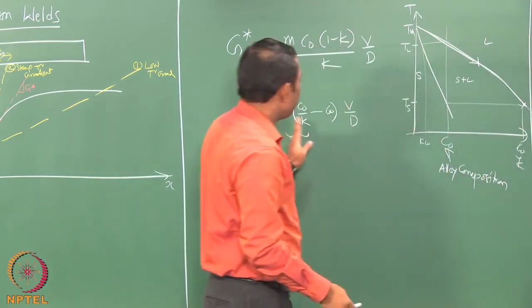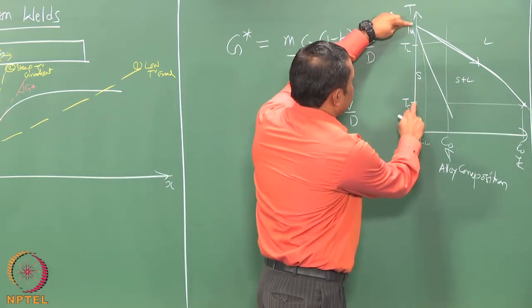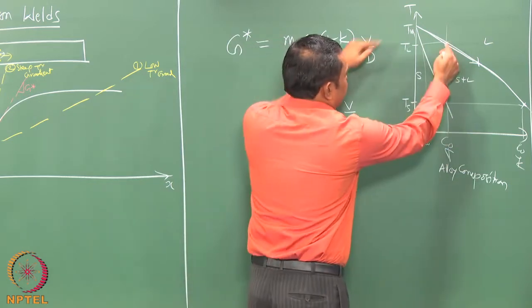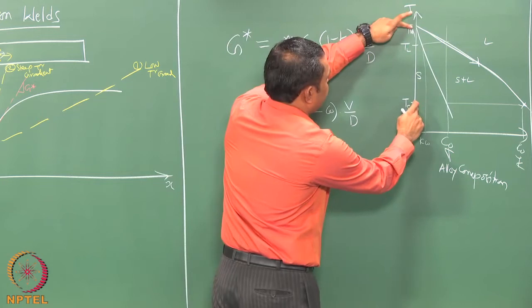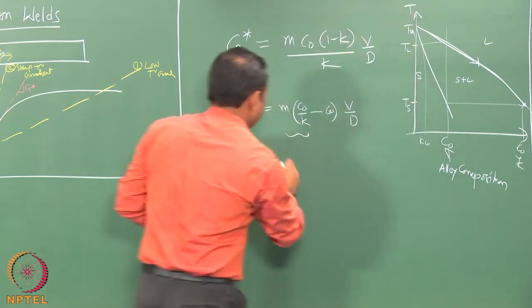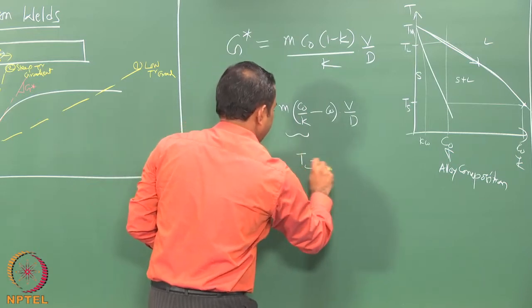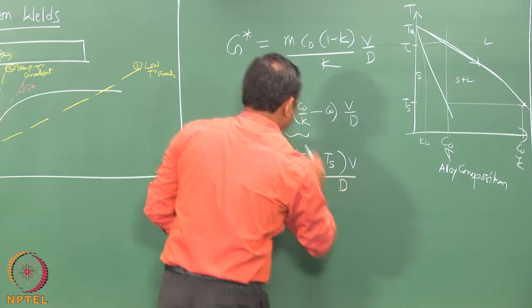If the composition is C naught by k, then m C naught by k is this distance, and m C naught is basically this distance. So, what we are doing here is this distance minus this distance, which is nothing but the difference of these two temperatures.